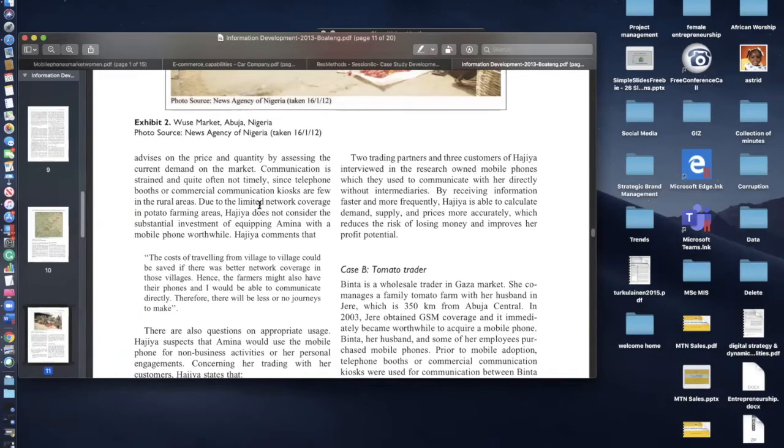And if you look up here, communication is strained and quite often not timely, since telephone booths or commercial communication kiosks are few in rural areas. Due to the limited coverage in the potato farming areas, Hajia does not consider substantial investment in equipping Amina with a mobile phone worthwhile.